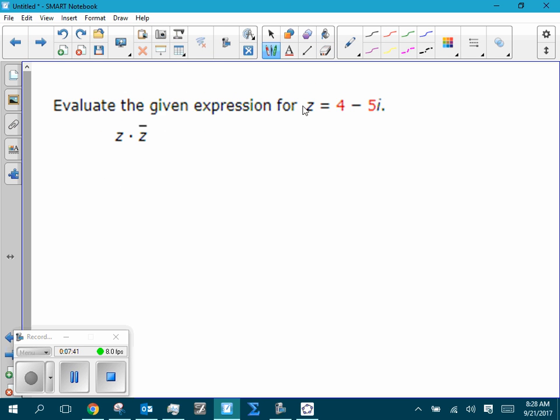And that's what this question is about. So if we've got z equals 4 minus 5i, z bar then would be 4 plus 5i, right? Okay. If you guys remember, x squared minus 4 is a difference of perfect squares, right? Well, if we factor that, doesn't that go down to x plus 2, x minus 2?